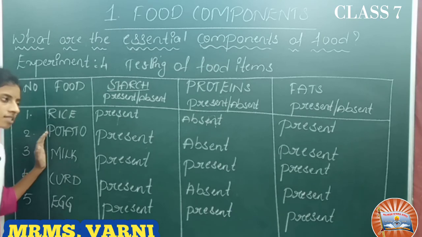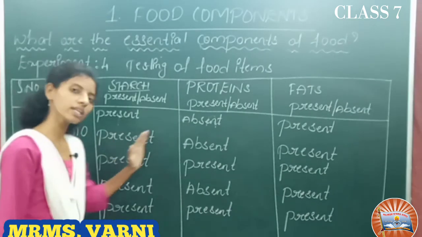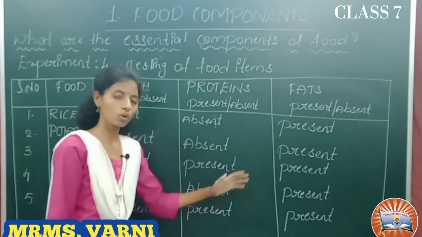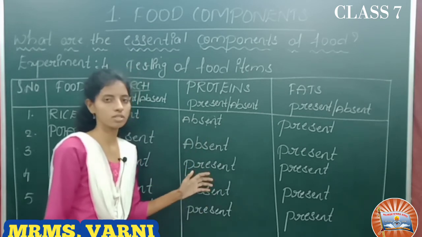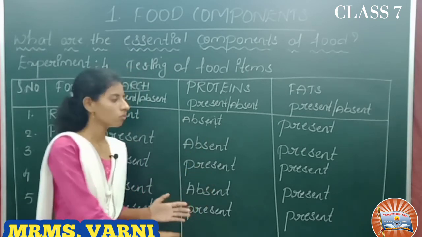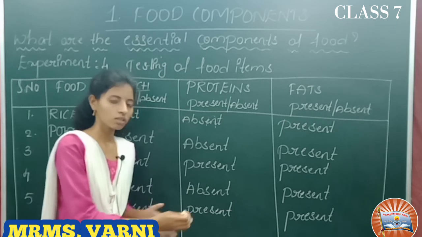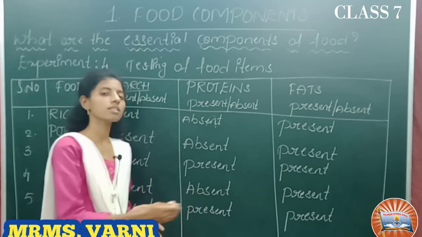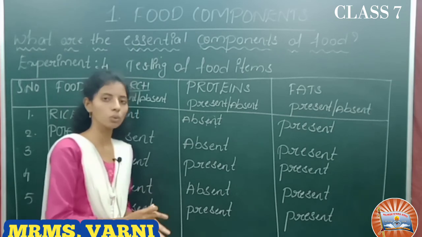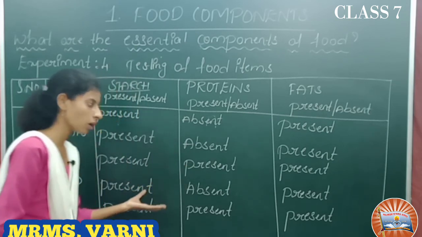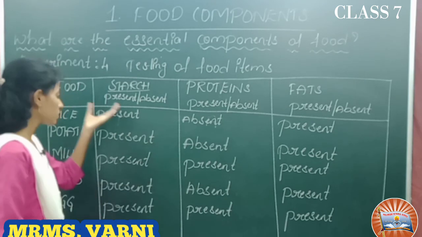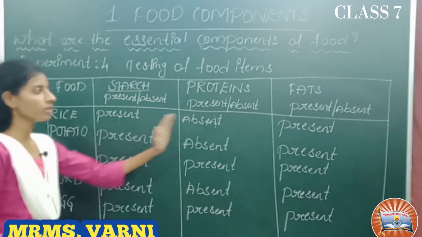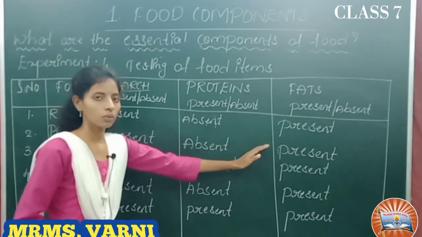So from this we can see that each and every food item contains all the components. But in one food item some components may be high and some components may be low. But each and every food contains every component.